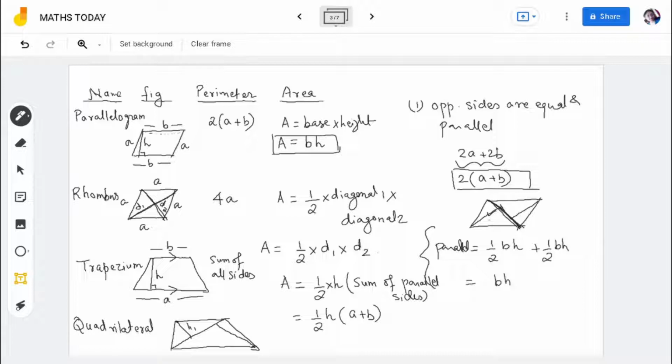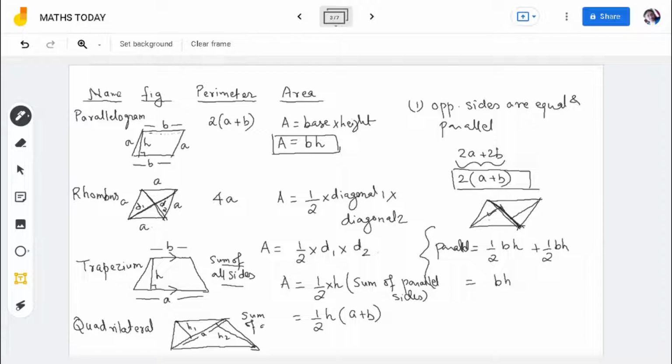And the length of the diagonal is given as, let's suppose, A. At that time, how do we find the perimeter and area? The perimeter will be as it is: if all four sides are given, we add all the sides, the sum of all sides.